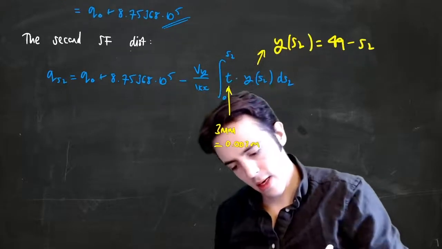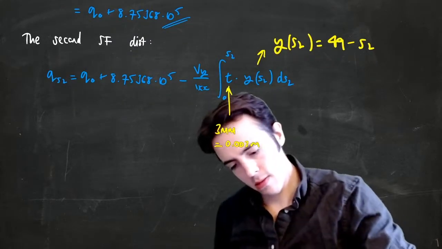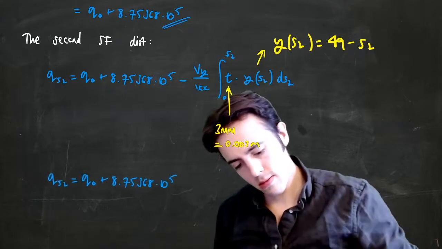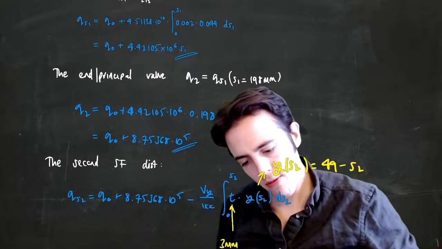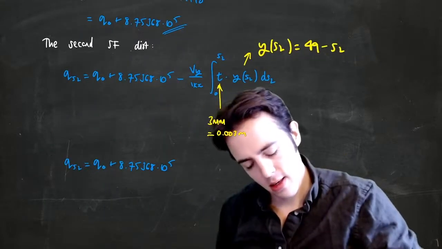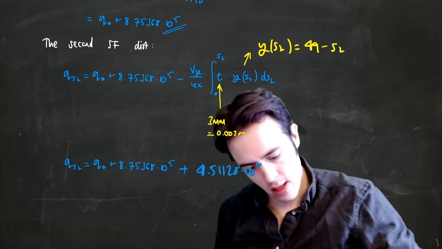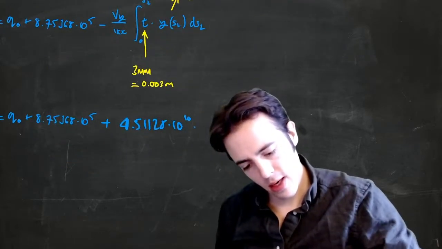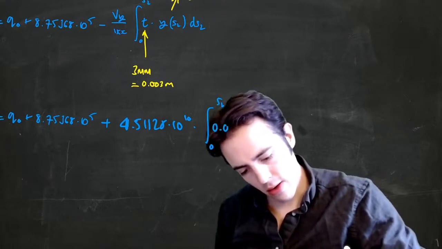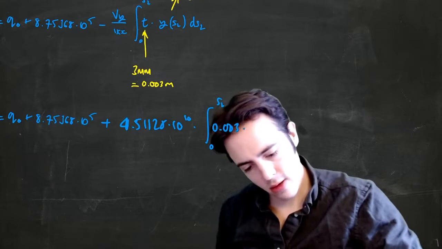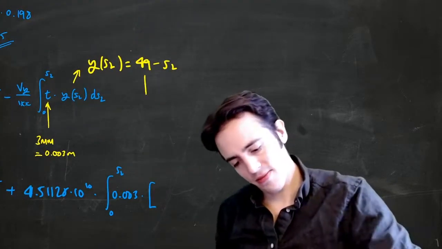So let's rewrite this. Okay, so that minus Vy on Ixx was 4.51128 times 10 to the 10. And let's put these numbers in. Integral from S2 to 0, 0.003, and then I've got... nearly made another mistake here.